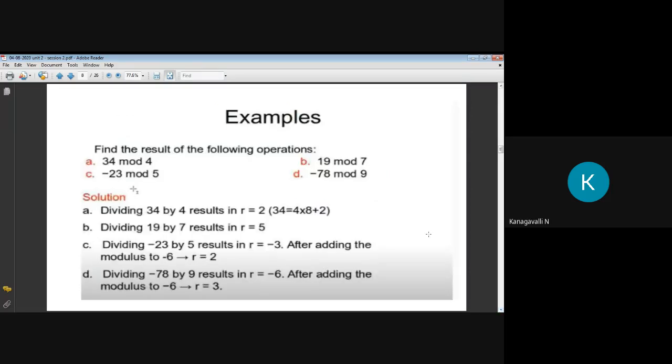Now see this example clearly. 34 mod 4. Please take your note and say the answer. 34 mod 4, what is your quotient and what is your remainder?